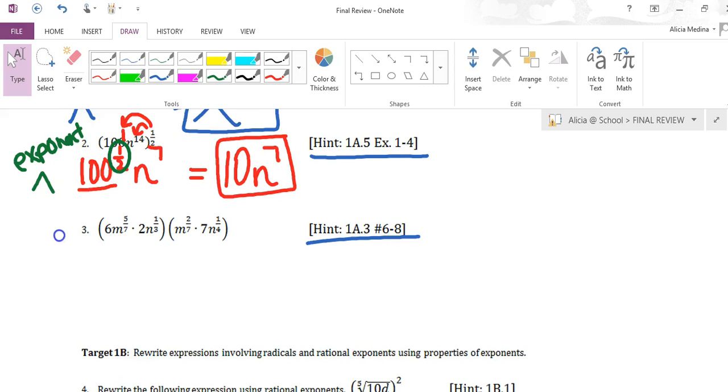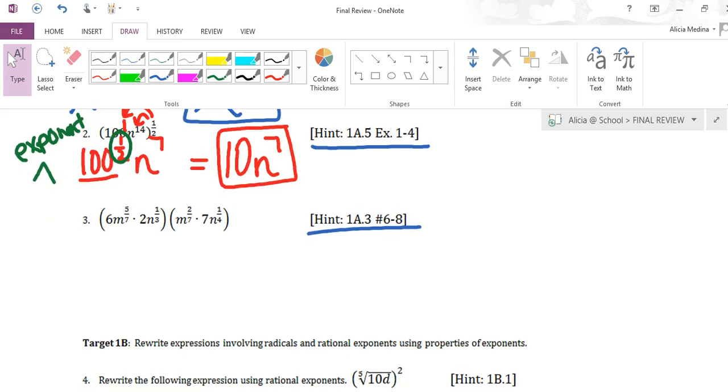Number 3, we're multiplying all of our terms here. So basically you can take all those like terms out in the front. So what I'm going to do is I'm going to bring all the coefficients to the front. So 6, 2, there is that imaginary 1 there if you want to bring it out, and 7. So therefore I'm going to have 6 times 2 times 7. I'm not going to write the 1 because anything times 1, it doesn't really change what my answer is.